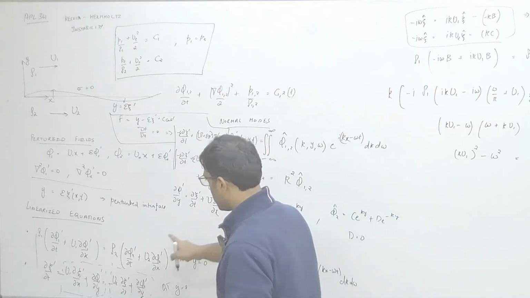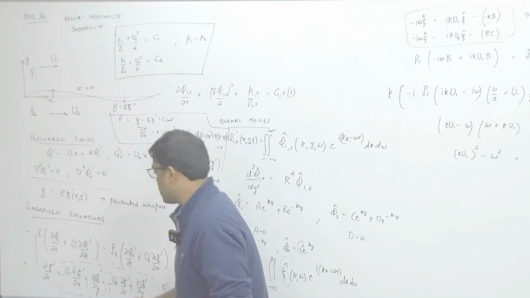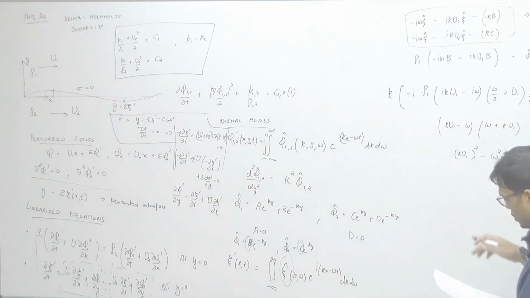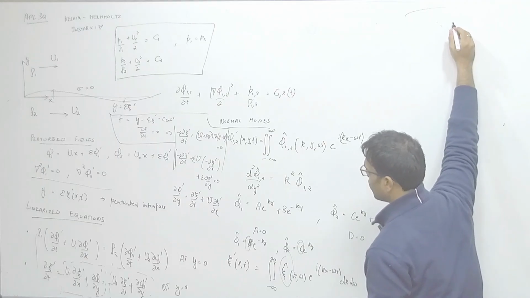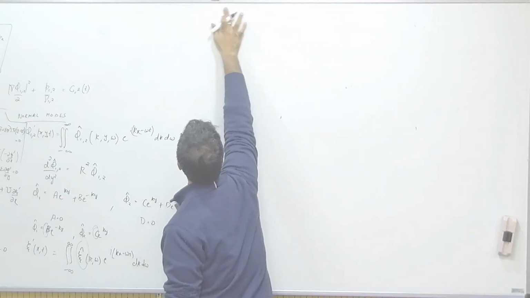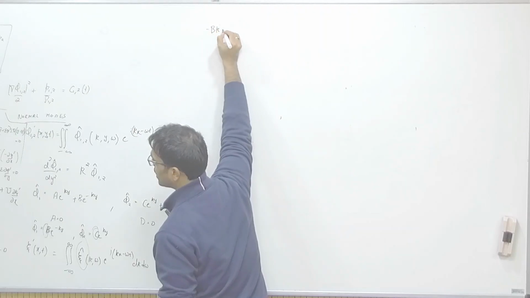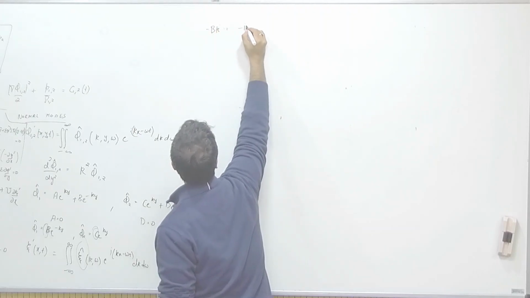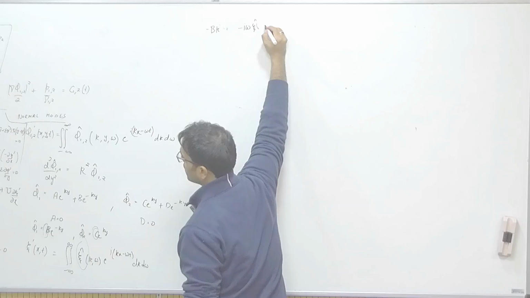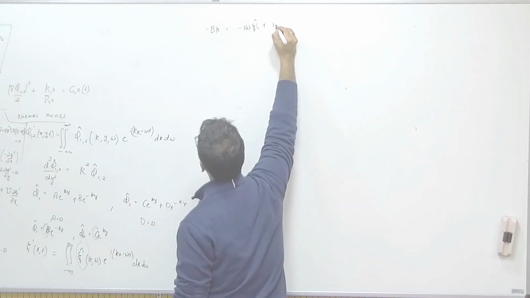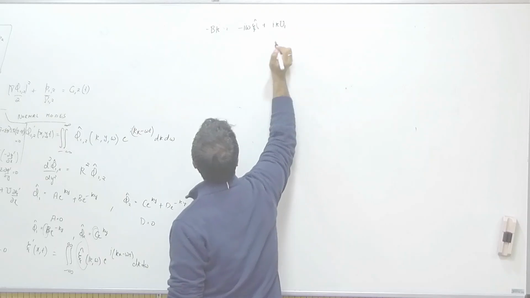Go through the algebra properly. So this is the correct expression. But now the question is, I should end up with the real root here as well. This should be a whole square. So del phi prime by del y, which is minus bk. So minus bk equals minus I omega c prime, c hat, and then a plus of I k capital U1.